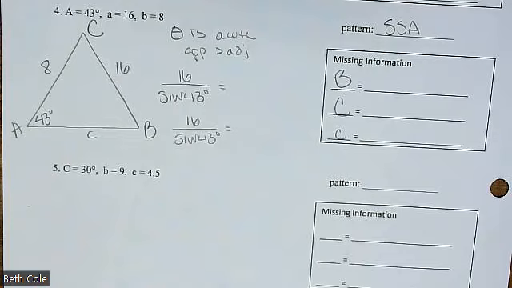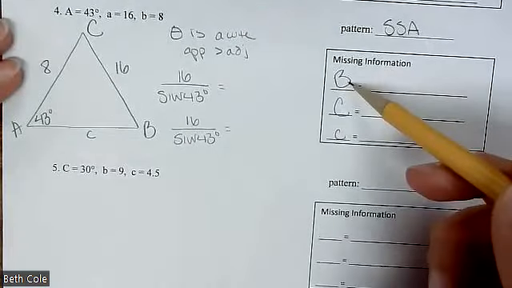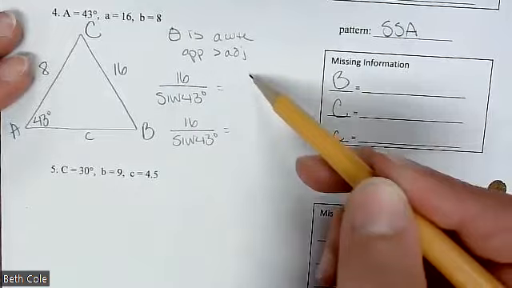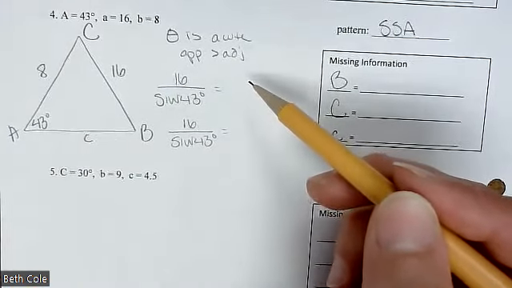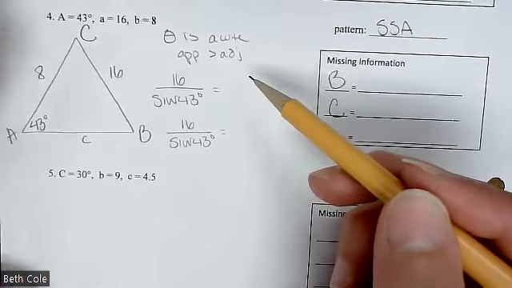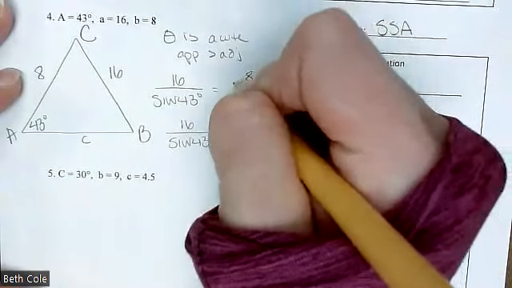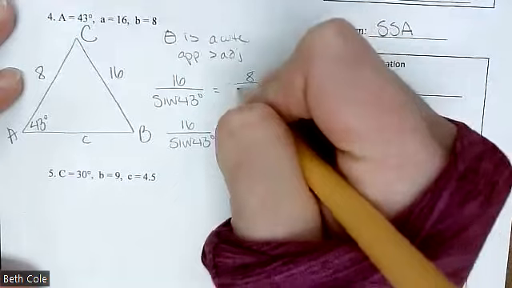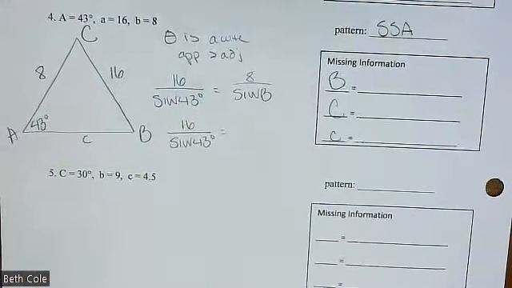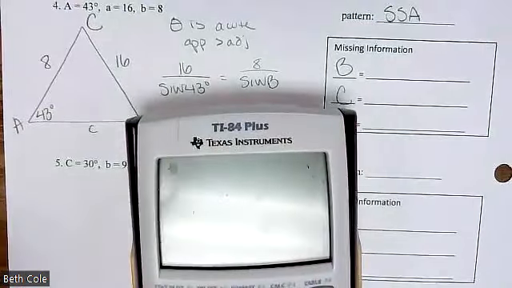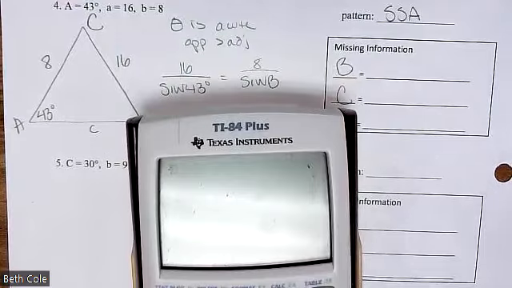Now, what you're looking for goes on the other side. We're looking for angle B. So what's going to go right here? Hint, there's only one other number in the triangle. Good. 8 over sine of B. Now, here's where all the button pushing comes in. You are going to cross multiply and divide, but first, because you're looking for an angle, what are you going to have to type?